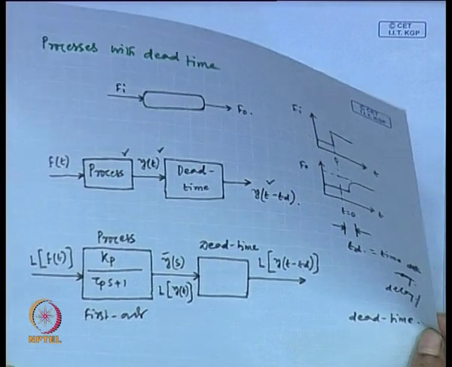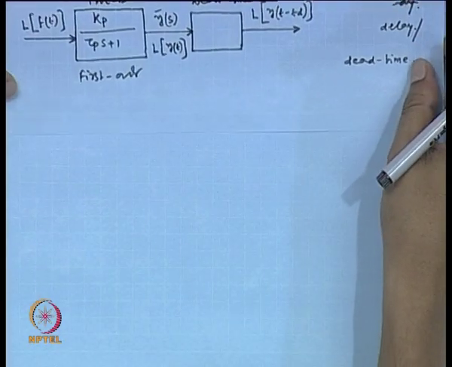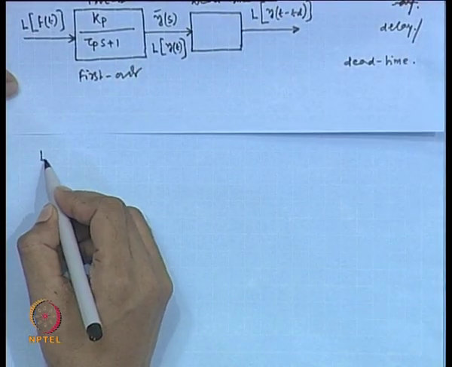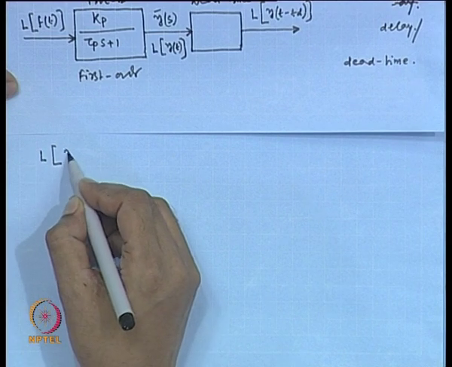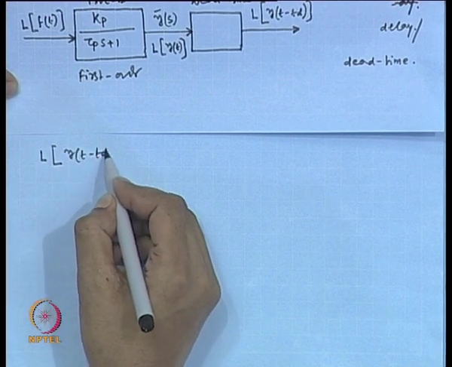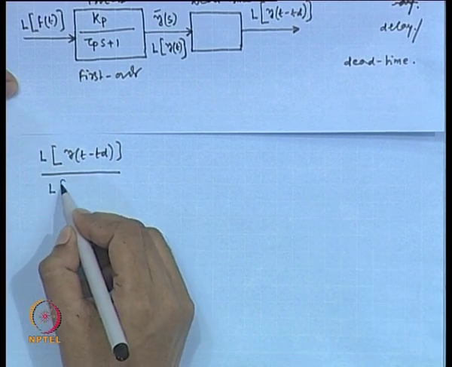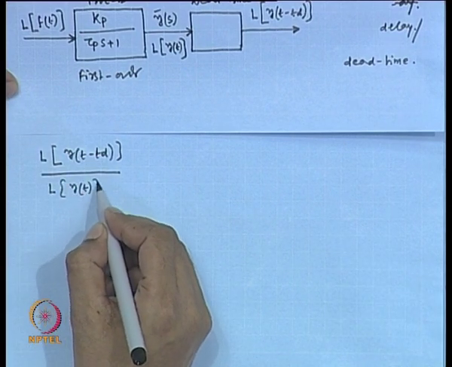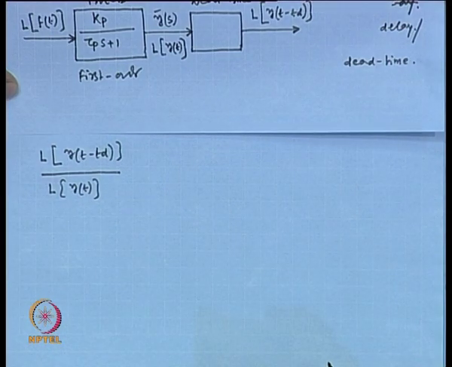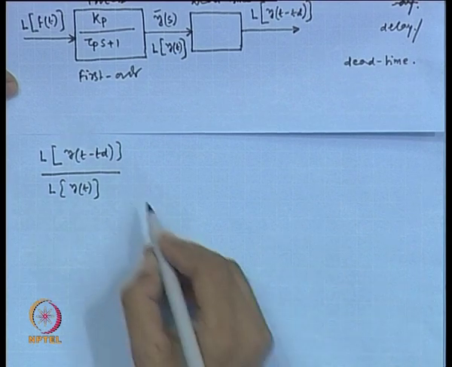What will be the Laplace transform of dead time? The Laplace transform of dead time we can find this way: Laplace transform of y(t minus td) divided by Laplace transform of y(t).